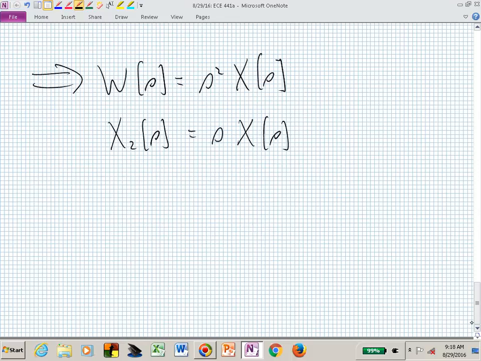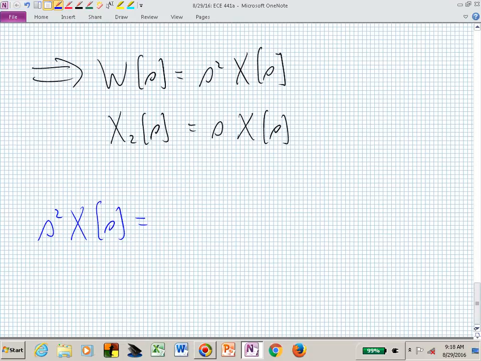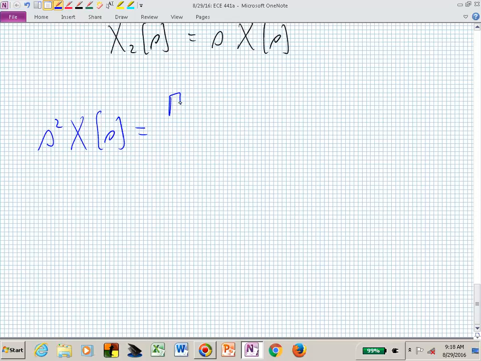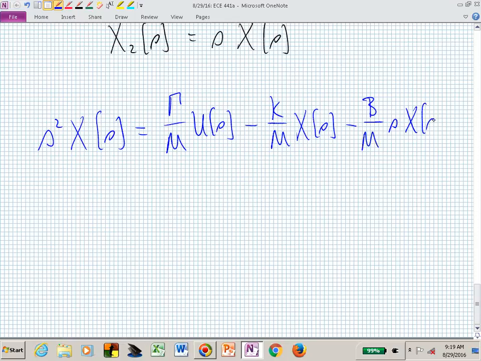And that relationship then said, oh, we had w, which we now know as s squared x of s, and that was equal to gamma over m u of s minus k over m x of s minus b over m s x of s, where the b over m was weighted by x sub 2, and we know x sub 2 is just s x of s.